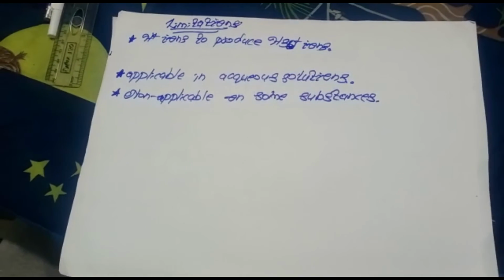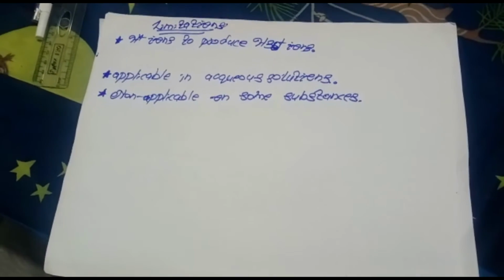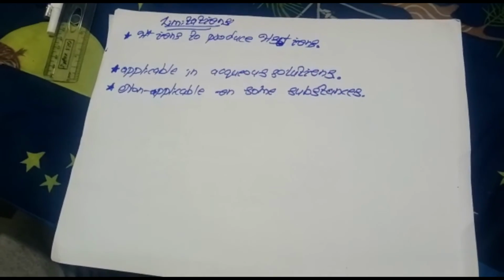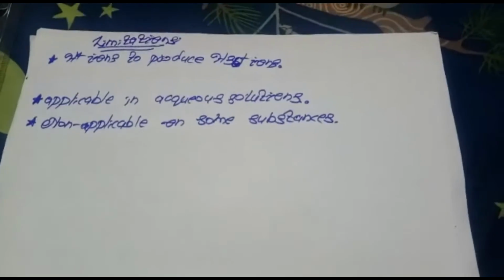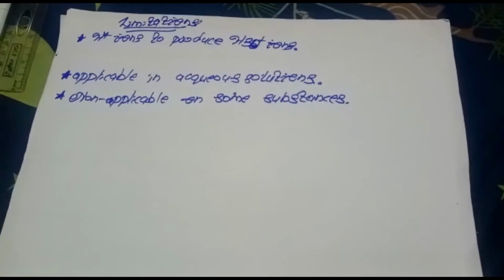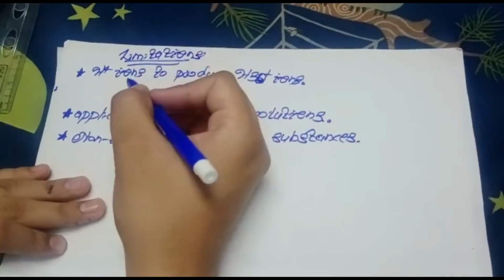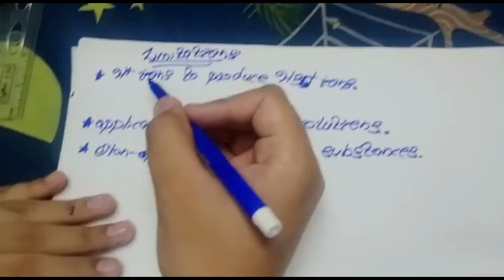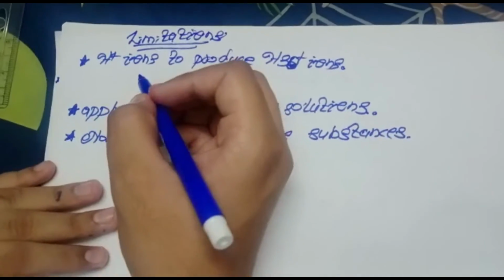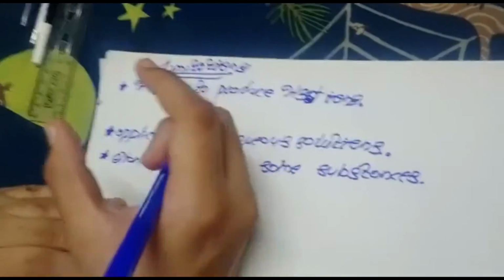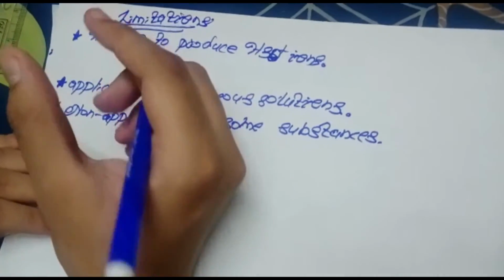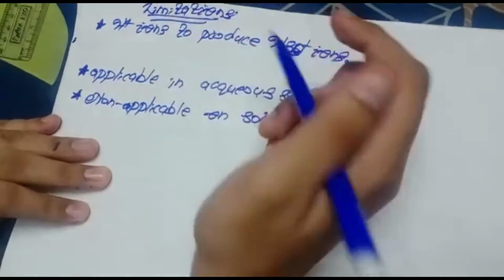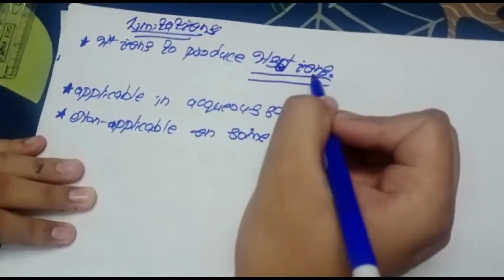Now we are going to talk about the limitations of Arrhenius theory. Previously we discussed the aspects of Arrhenius theory, what the statement was and what the theory described. Now we are going to discuss the limitations. First of all, Arrhenius theory describes that hydrogen ions are produced when the substance is dissolved in water. But hydrogen ions, when dissolved in water, react with water to produce hydronium ions, right?